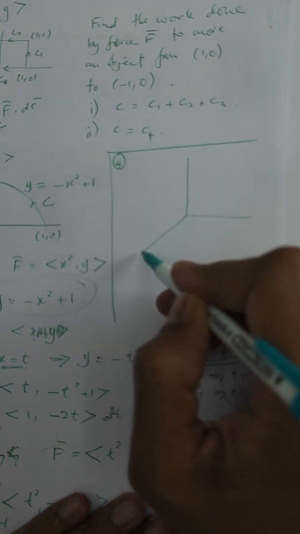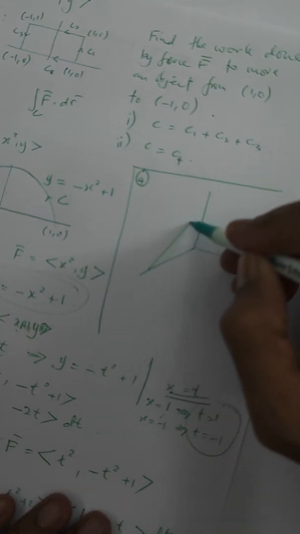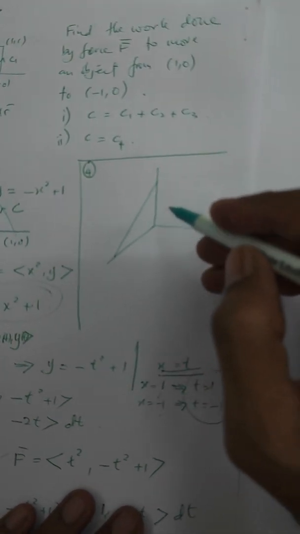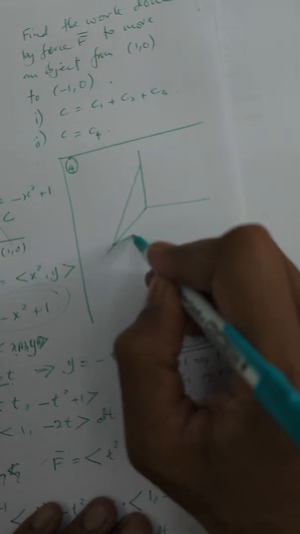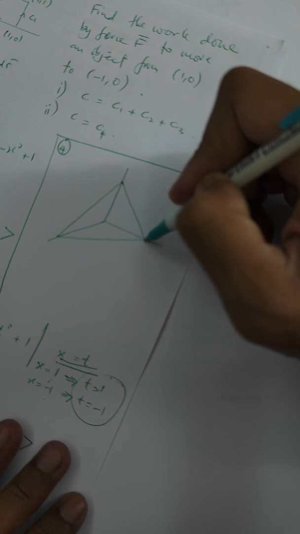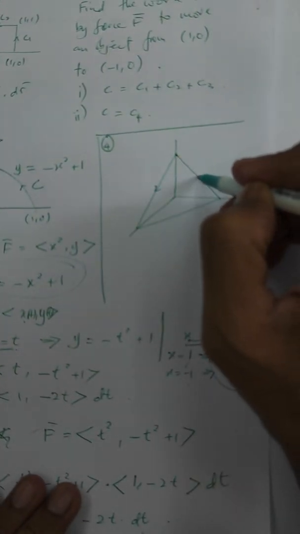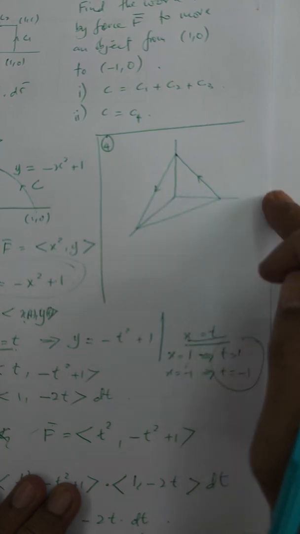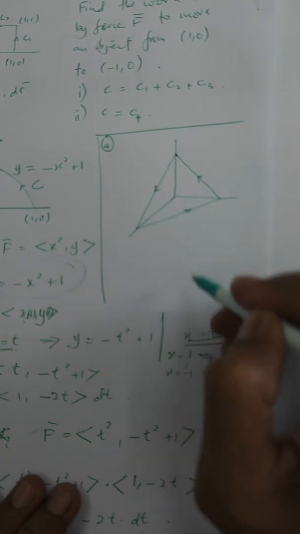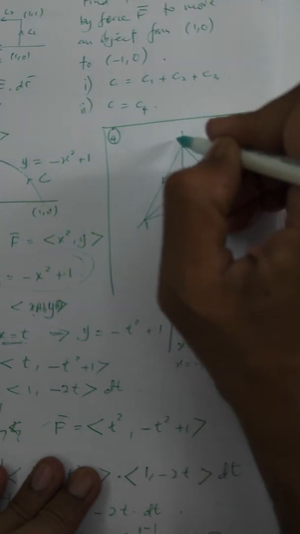If you have this as your C, that's your C, with 1 here, 2 here, 3 here.